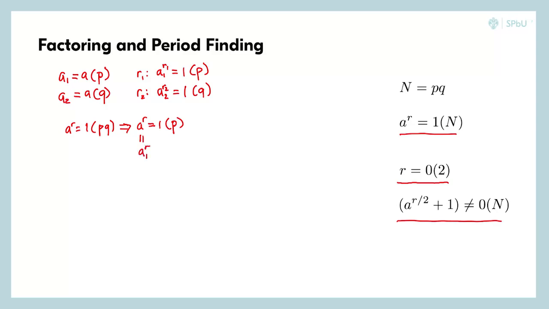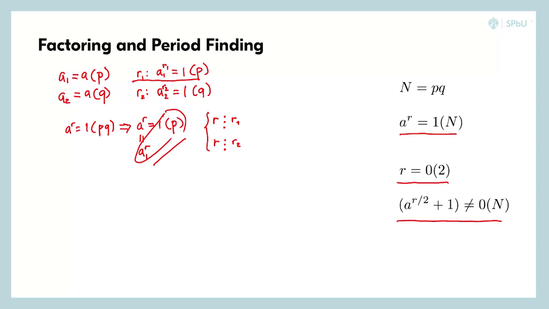So A1 to the power r equals 1 modulo p. And from this and this, we can conclude that r is a multiple of R1. And the same reasoning for the field Z modulo q gives us that r is a multiple of R2.